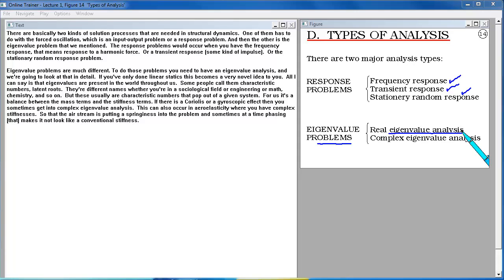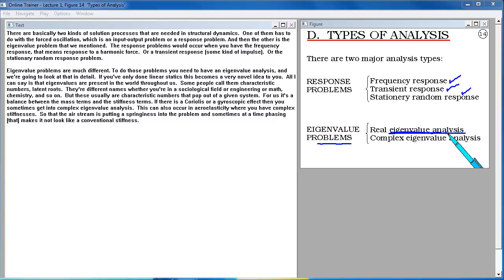If you've only done linear statics, this becomes a very novel idea to you. All I can say is that eigenvalues are present in the world throughout us. Some people call them characteristic numbers, latent roots. They're different names, whether you're in a sociological field or engineering or math, chemistry, and so on. But these usually are characteristic numbers that pop out of a given system.